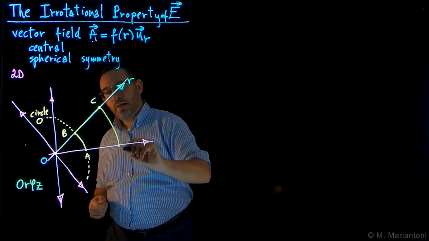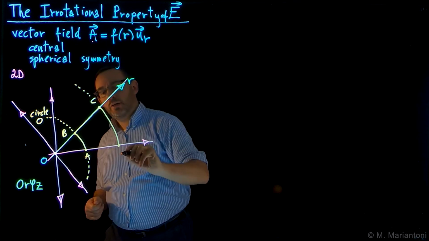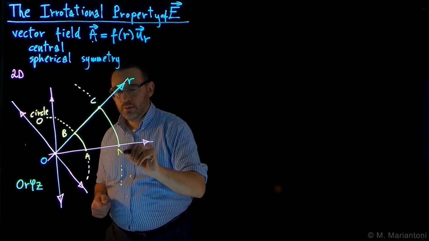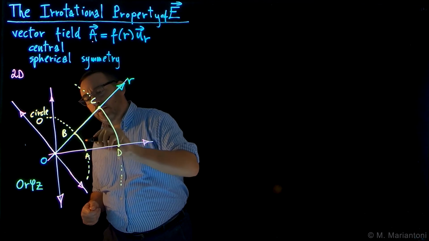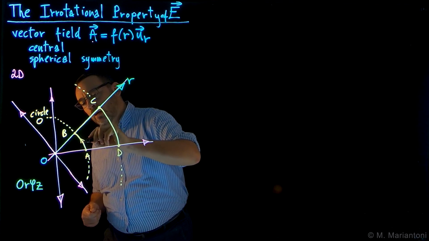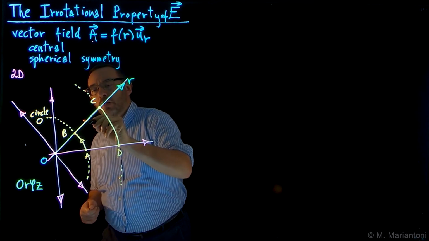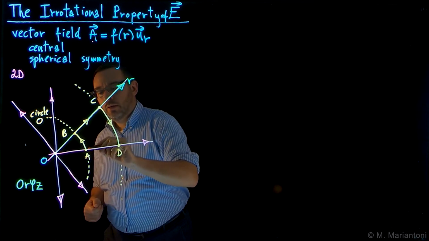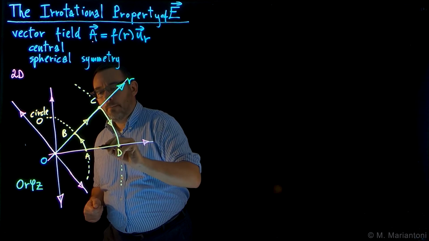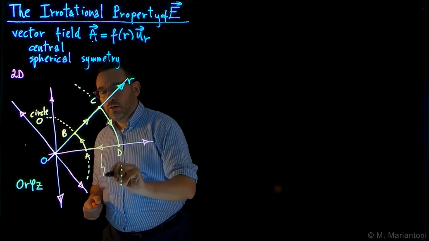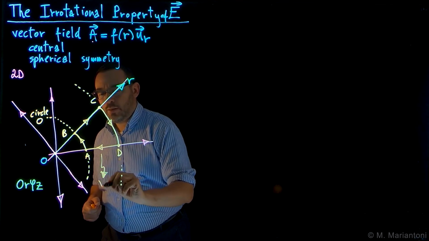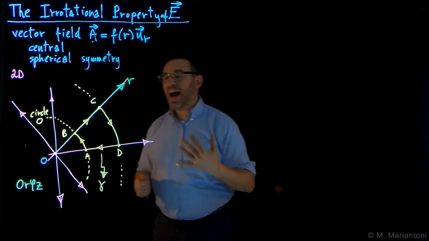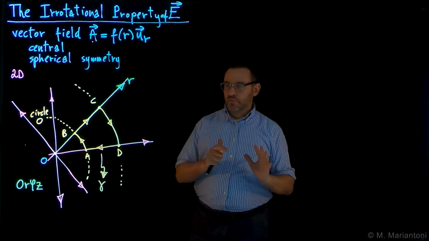So it's parallel because again it belongs to a circle which again has O as a center, so CD, and then back to A. So this has to be an oriented line, so it goes in this direction from A to B, from B to C, from C on the arc to D, and from D on this line back to A. So this is our closed line gamma oriented from A, B, C, D back to A. And again, AB and CD are arcs with center in O. So a very simple closed line.